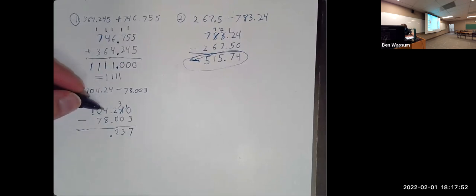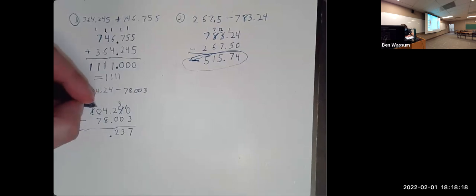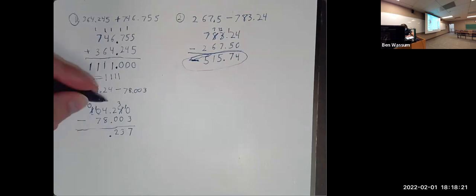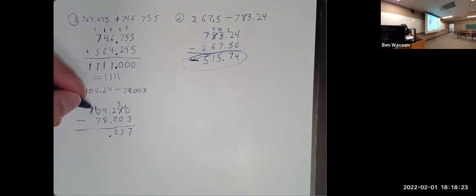Let's say that I go to borrow here and I say, uh-oh, I have a 0. What do I do? Well, you would then borrow from the next digit over. And this actually is a good way to do it in general, because if there were more digits over here, I would 100% have to do it this way anyway. So I would borrow from this column. This would become a 0. This one would become a 10. Then I could borrow into this column.